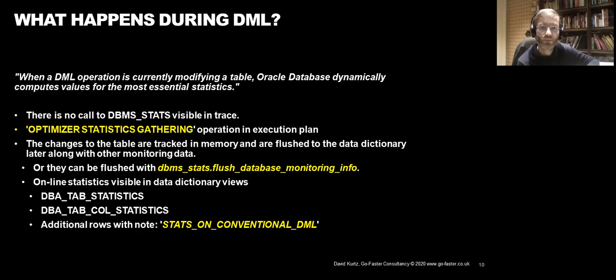What that is doing is tracking the changes to the table in memory and updating the stats in memory, and periodically they are flushed along with the table monitoring information out to the data dictionary where they're persisted in data dictionary tables. You can view them through DBA tab statistics and DBA tab col statistics. What you get in there are additional rows with a note on them to say stats on conventional DML. That means they're real-time stats.